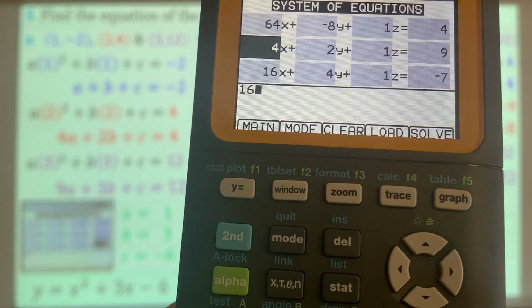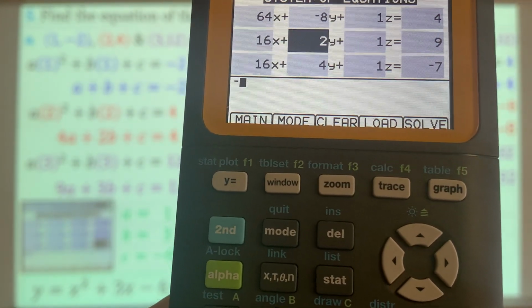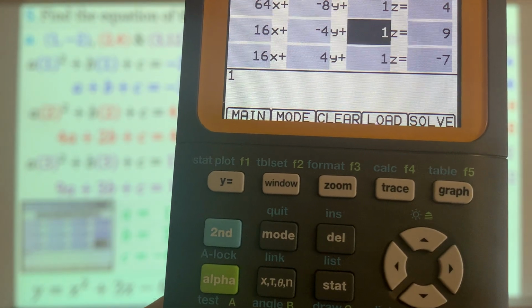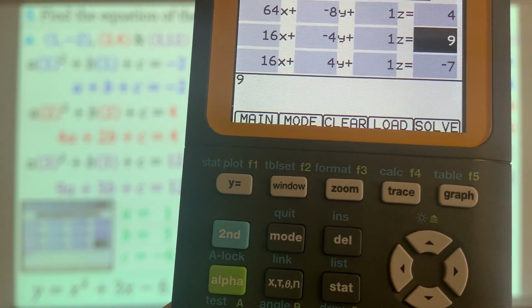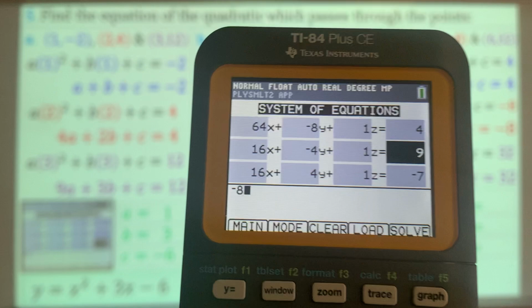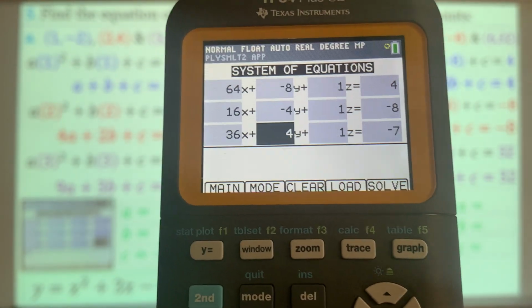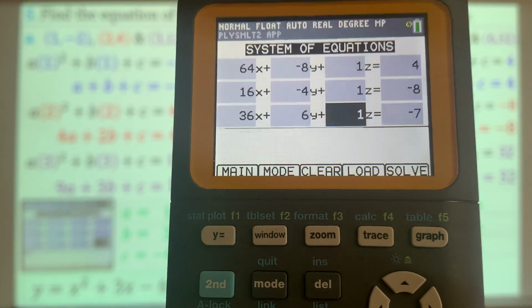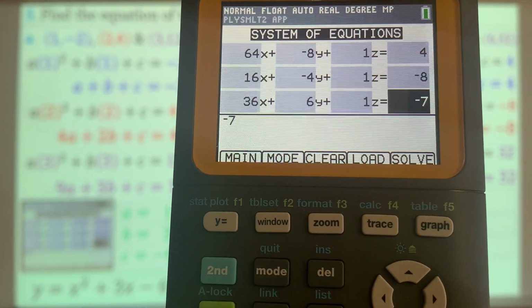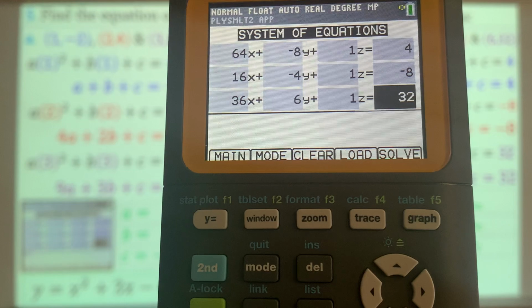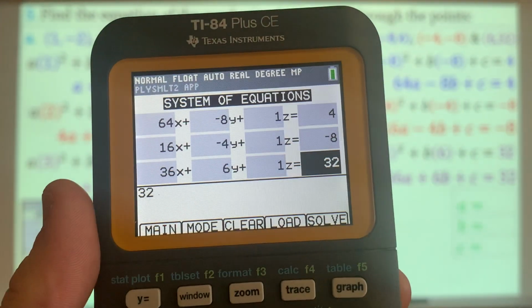This one I got 16, -4, 1, and 8. This one I got 36, 6, 1, and 32. All right, so I got all my stuff typed in here.